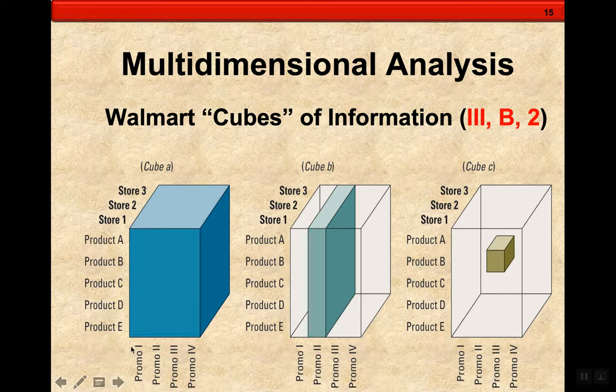It's not that you couldn't do it; it's a matter of efficiency, especially as we get to larger and larger data sets, millions and millions of rows of data. That's the idea of the cube.